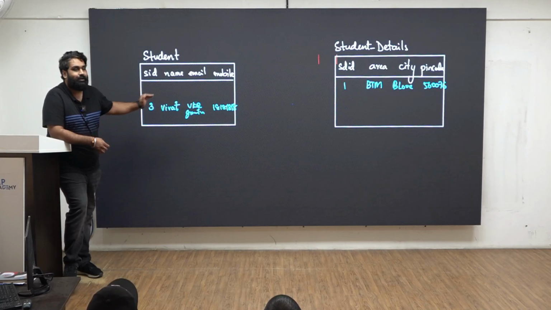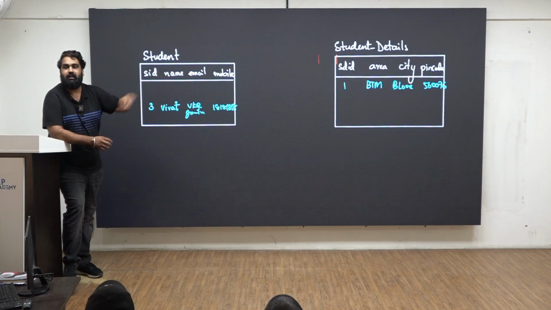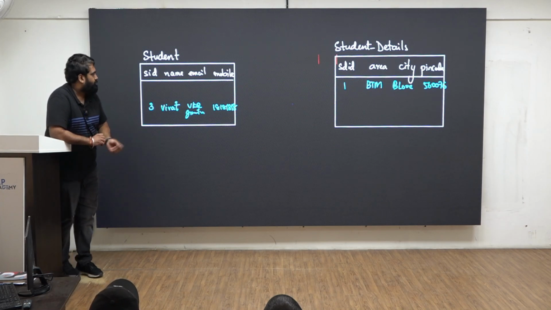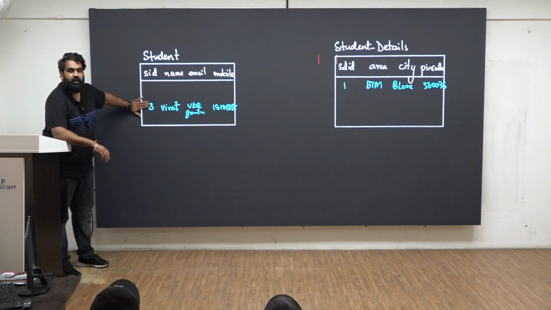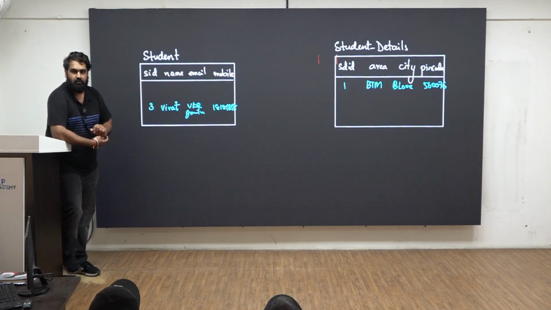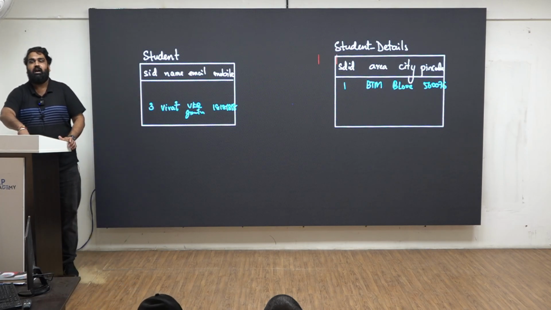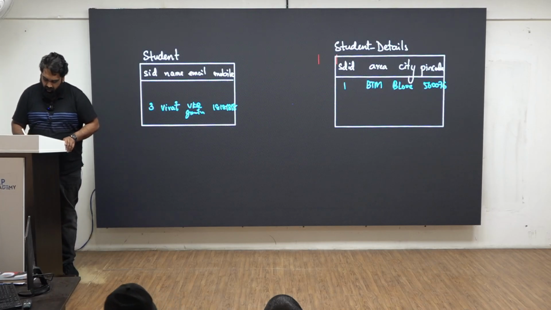Sir, when I try to insert data like this, how will I keep track of the students' details? In order to understand this, maybe I will ask Hibernate, listen, you have a provision to add one column.